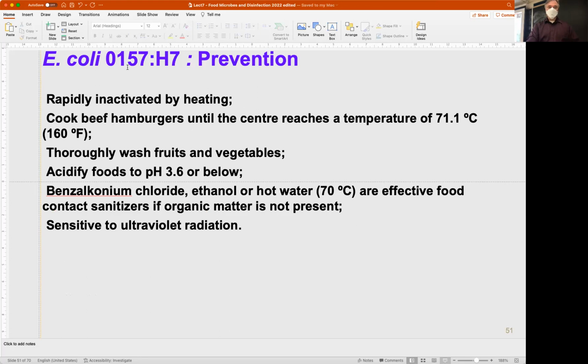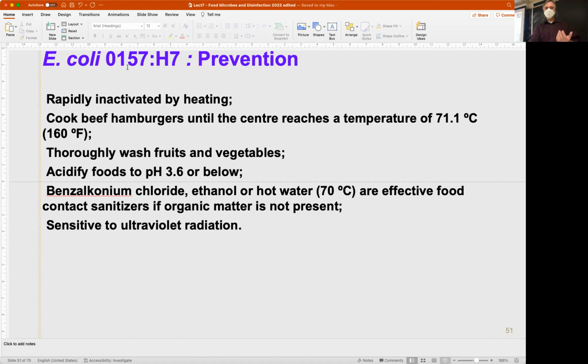How do you prevent it? You inactivate the toxin by heating it. So you have to cook hamburgers to a certain temperature, and that's why we have temperature regulations on cooked meats. Thoroughly wash your fruit and vegetables.